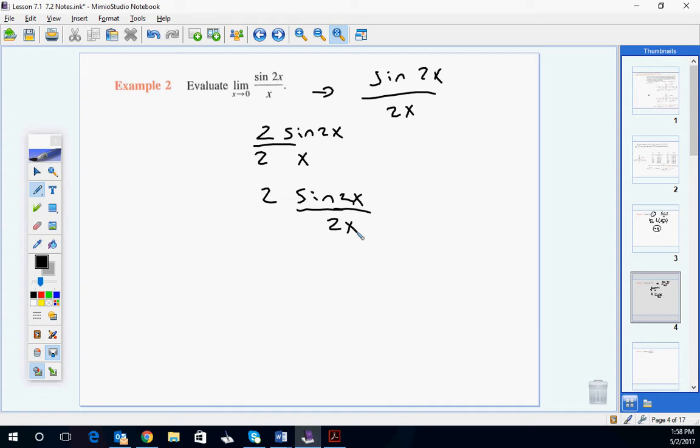By timesing by 2 over 2, 2 over 2 is what? It's 1, so we're not changing the value. You can't just times 1/2, because you could do that if you could do it to both sides, but we don't have another side, so mathematically we just can't do that. So now you can see the answer is 2, because that part is worth 1.